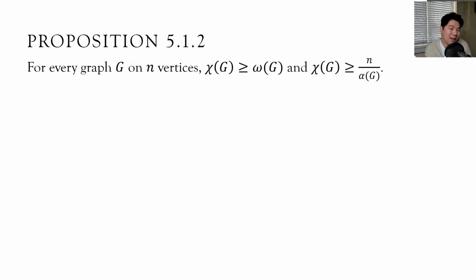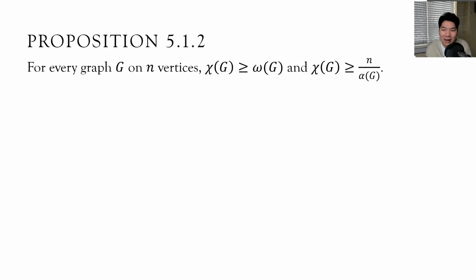The next proposition I have for y'all is: for every graph on n vertices, however many that might be, the chromatic number chi is always greater than or equal to omega of G. Remember that omega of G is my clique number, the largest clique subgraph or complete subgraph.